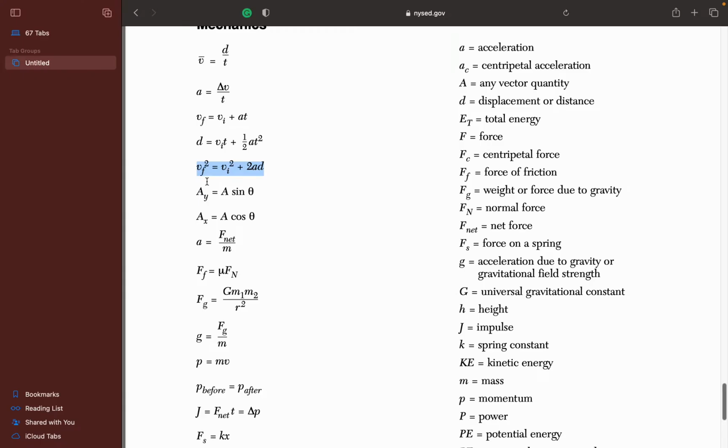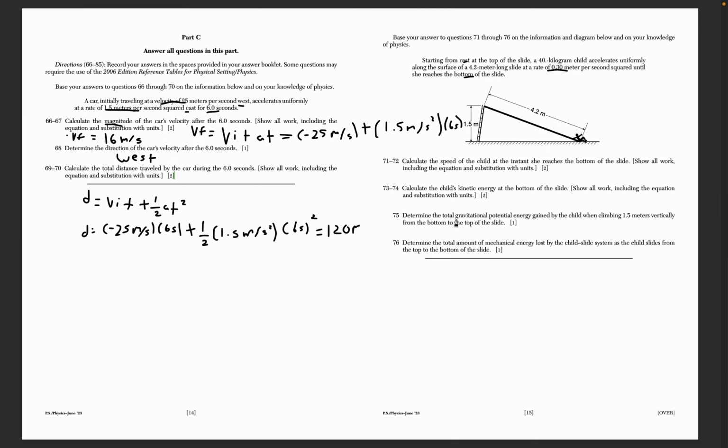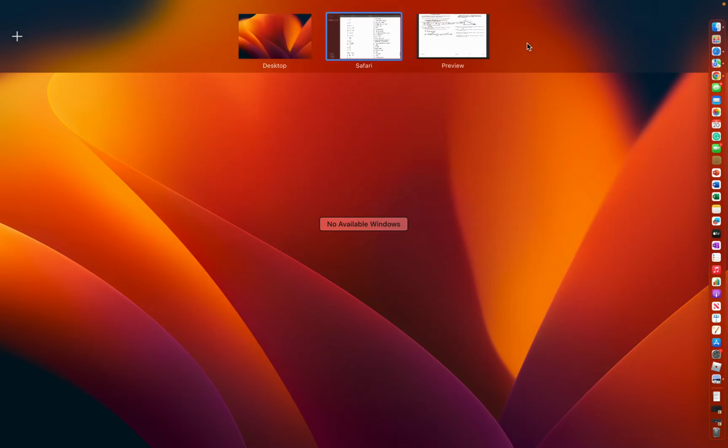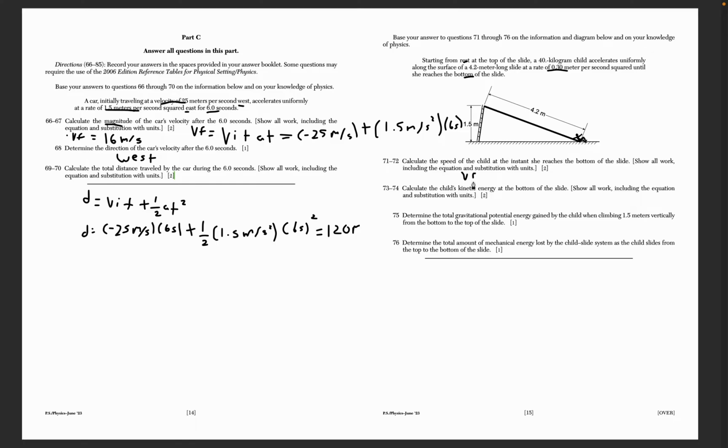Let's use this: VF squared equals VI squared plus 2AD, which means that VF, if you take the square root, because we're trying to find the final velocity, take the square root of both sides, VF equals the square root of VI squared. VI squared is just 0, so we could just ignore that. So VF equals the square root of 2 times the acceleration, which is 0.3. Let's just do the formula first.